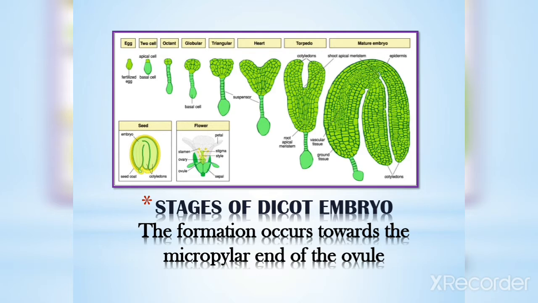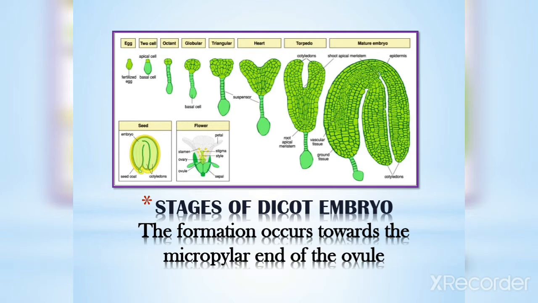You can see that towards the top portion, slowly it is getting developed. And actually what happens is the suspensor pushes this. That's another work of the suspensor also. The suspensor pushes this embryo.